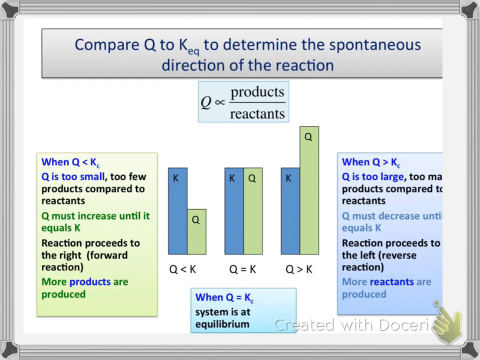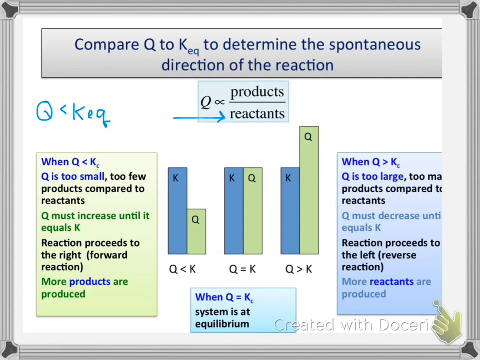Okay, and so the way we do that is we plug different concentrations into Q, and we see how it compares to K. So when Q is less than KEQ, that means our denominator must be too big because the number ends up being smaller.